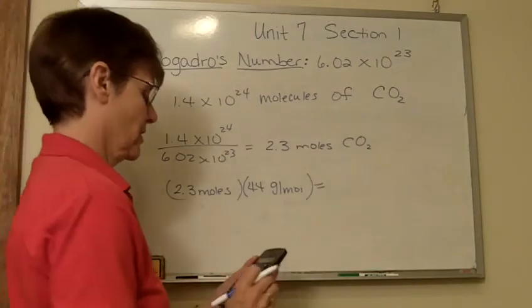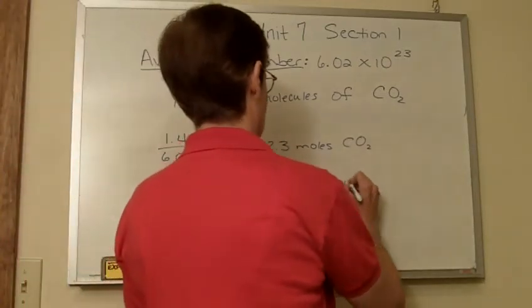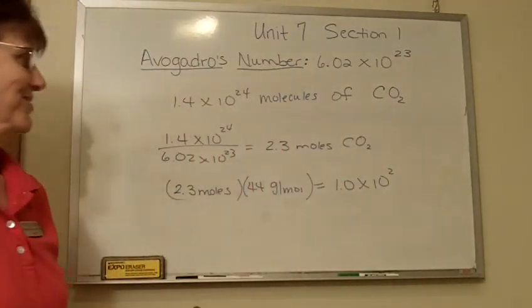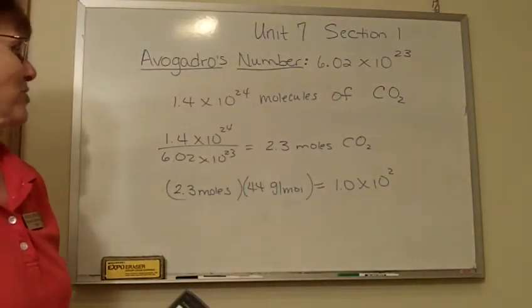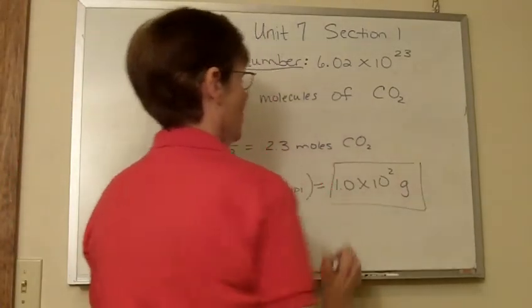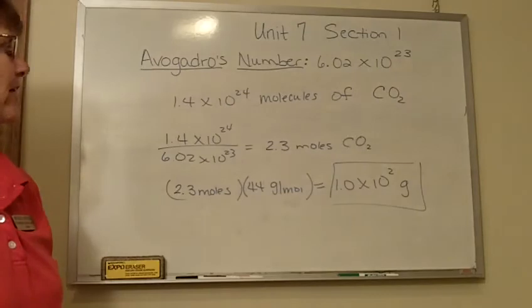Well, that's a pain. So now I'm going to have to say 1.0 times 10 squared. That's the only way to get my 2 significant figures. And it'll be that many grams. So about 100 grams of carbon dioxide I have there.